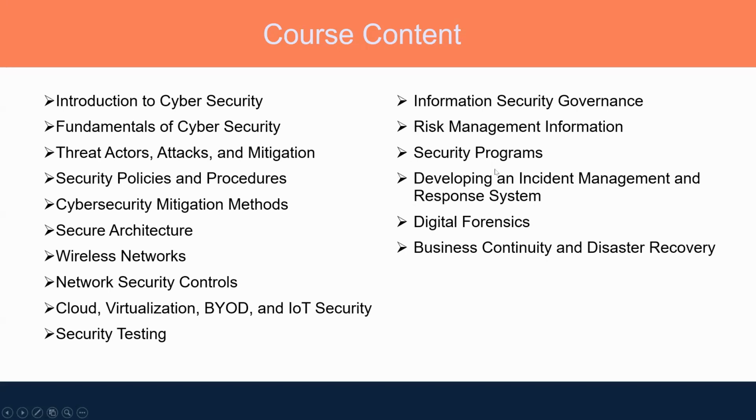Basically here you are going to understand SIEM tools, and then we will talk about digital forensics, business continuity and disaster recovery. So this is the course content that we would offer. This is not for any particular vendor. This is customized course content.